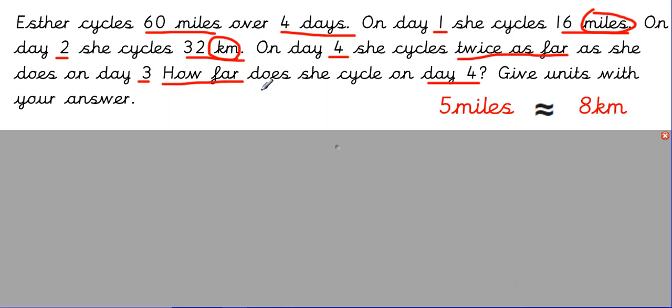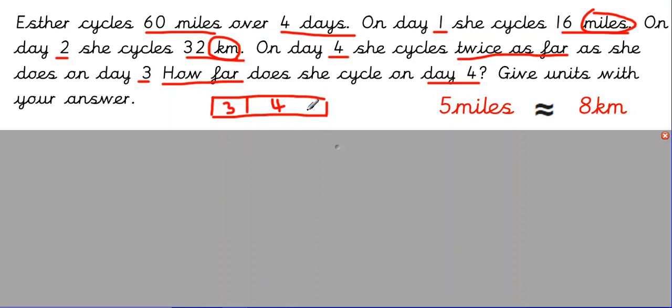So if she cycles twice as far as she does on day 3, your bar model will look something like this. So that would be day 3 and that would be day 4. Obviously, you will have to put your numbers in there to work it out.